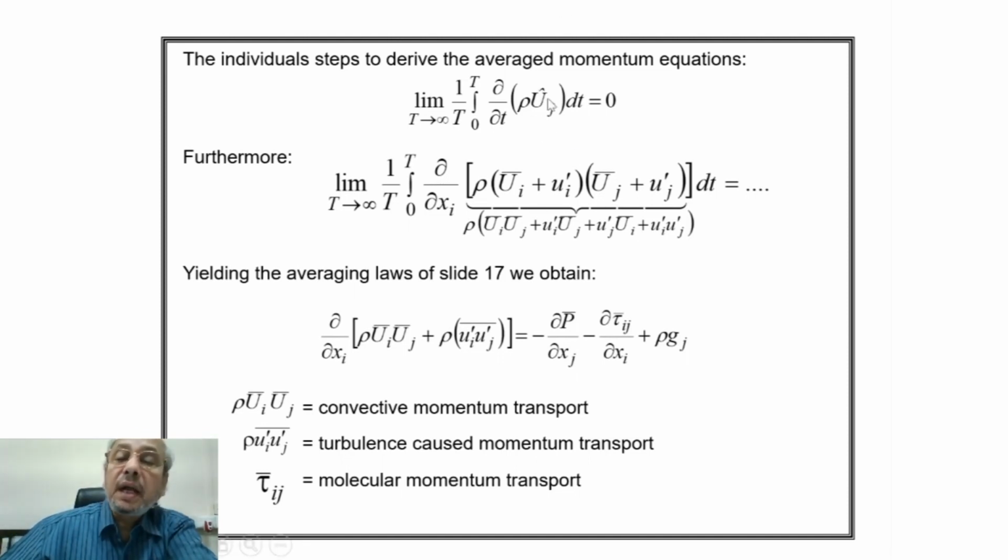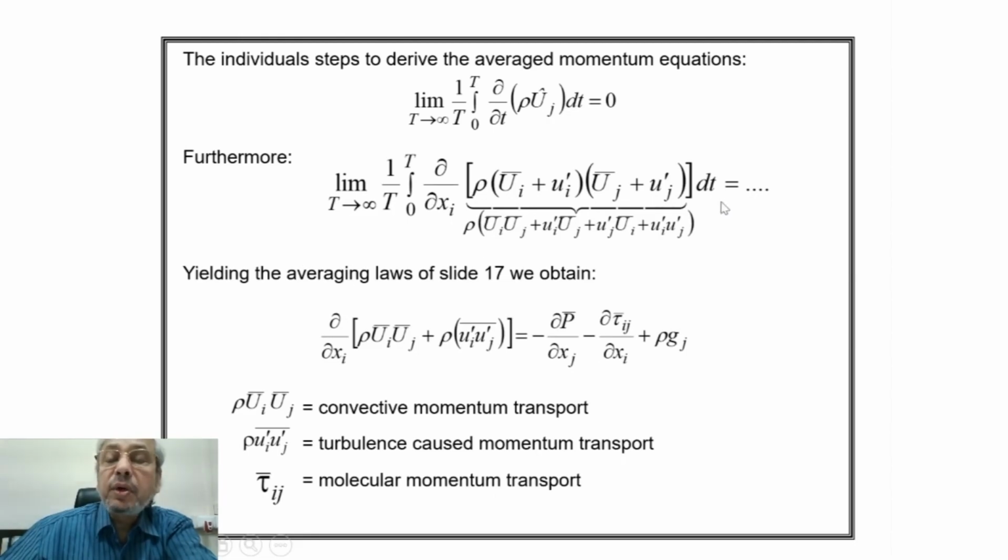As I said, what we did is 1 by T, integral 0 to T, del xi rho ui bar plus ui prime, uj bar plus uj prime dt, and then we expanded this into ui bar into uj bar plus ui prime into uj bar plus uj prime into ui bar plus ui prime into uj prime.